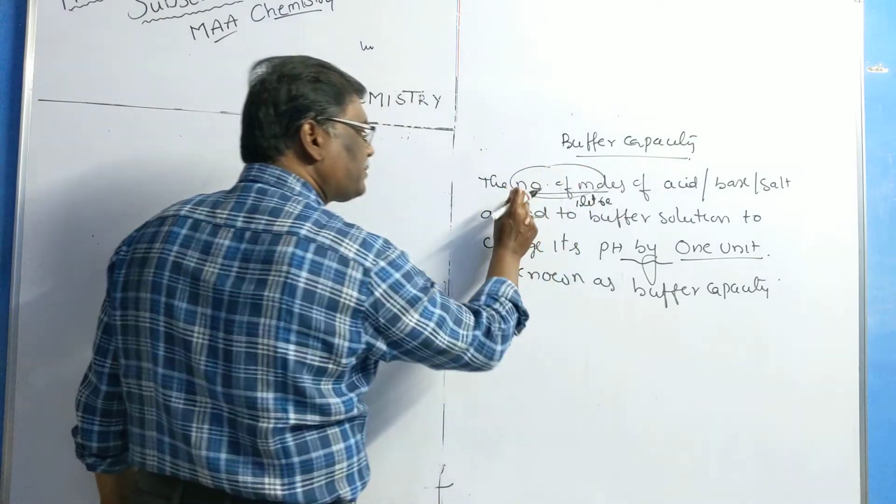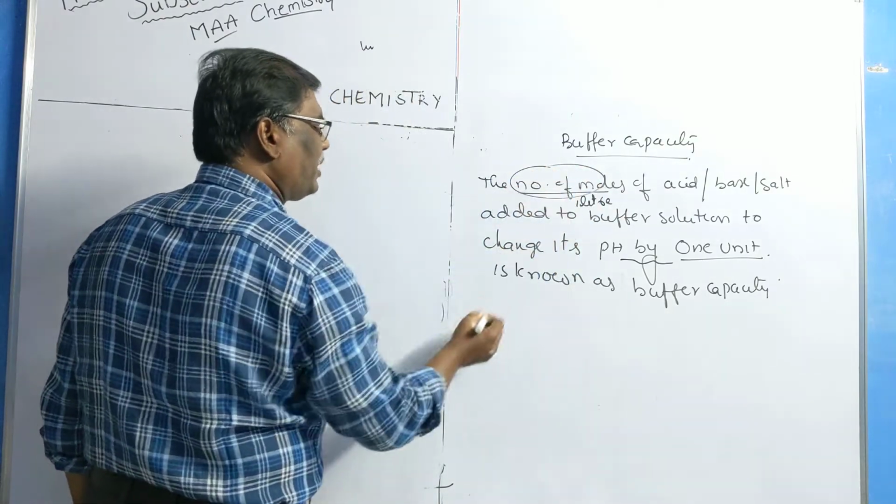To be clear, it is better to say number of equivalent weights instead of number of moles.